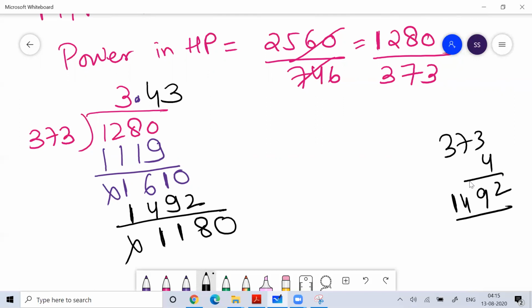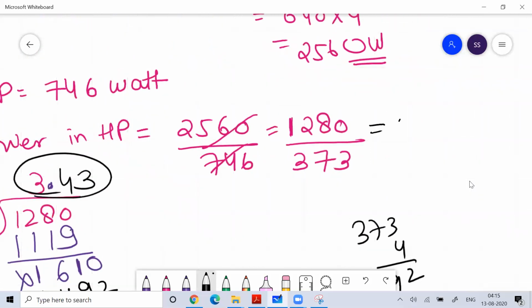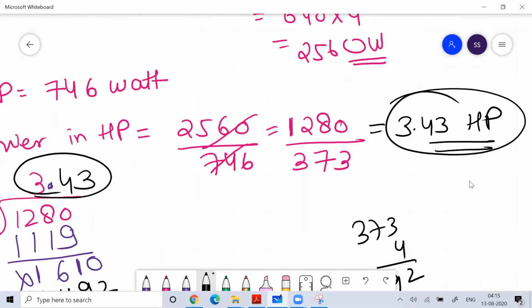So this would be around 3 only. I can say the answer in horsepower would be around 3.43 horsepower. This is the approximate answer, not the exact answer.